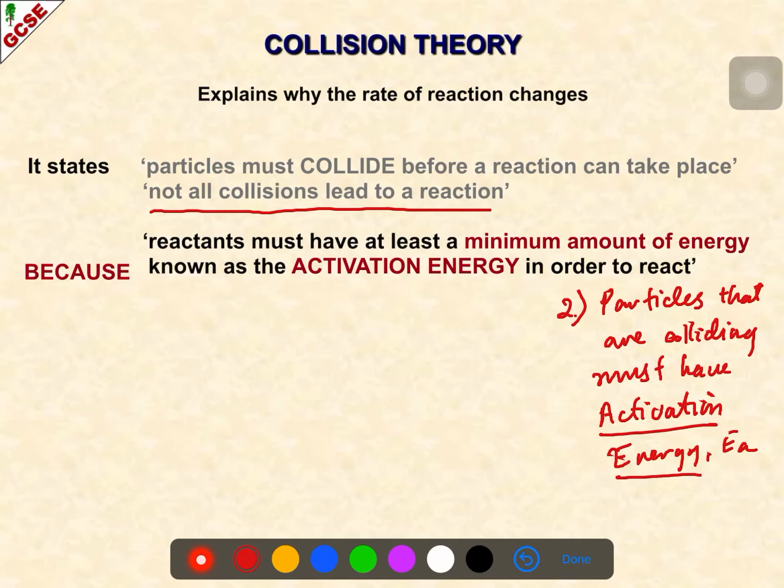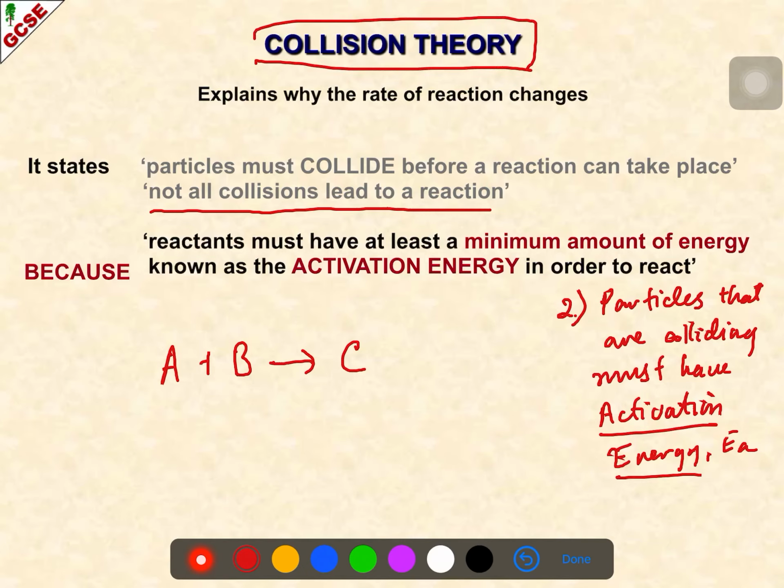So again, A plus B will turn into C. What does the first thing in collision theory say? A and B must collide. And whenever they collide, A and B must have activation energy for them to turn into C. Those are the two things collision theory says.